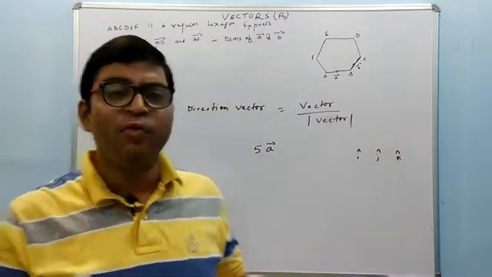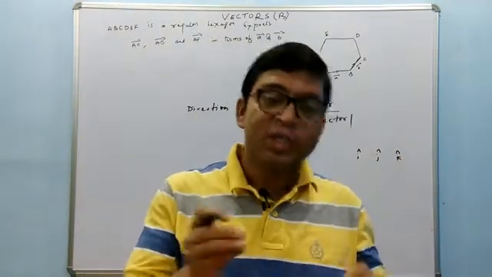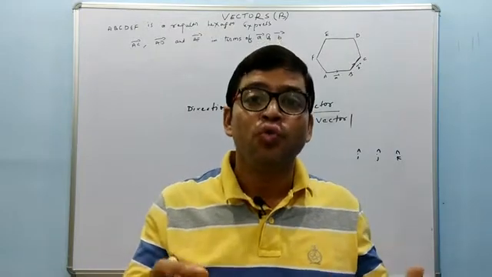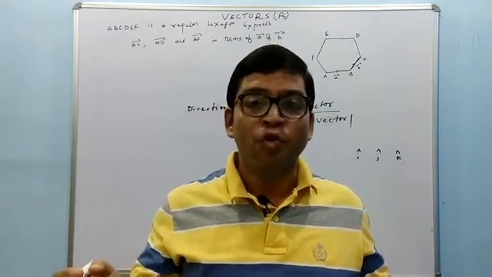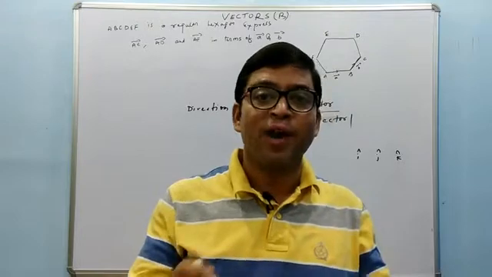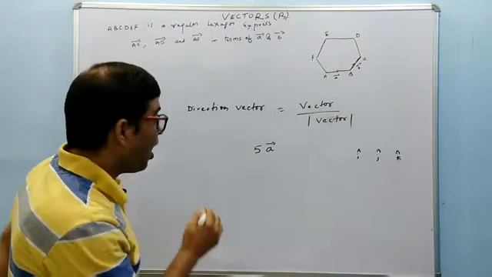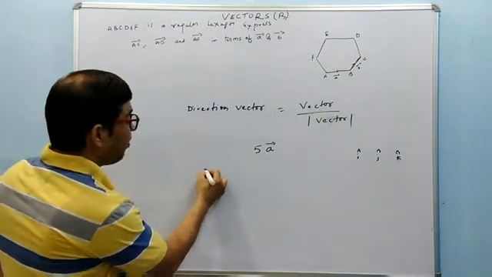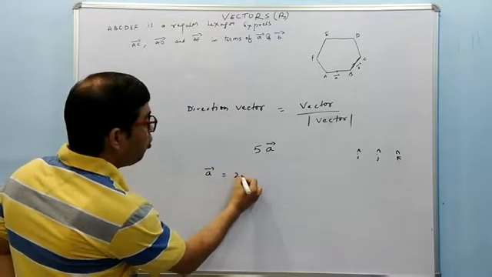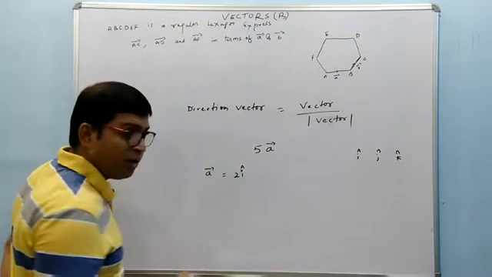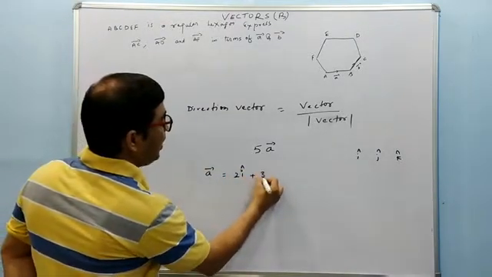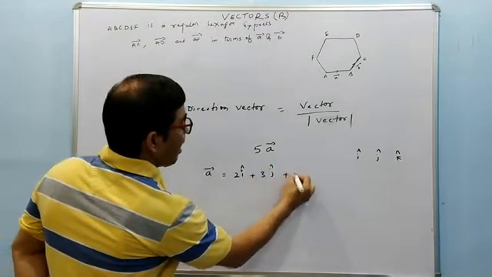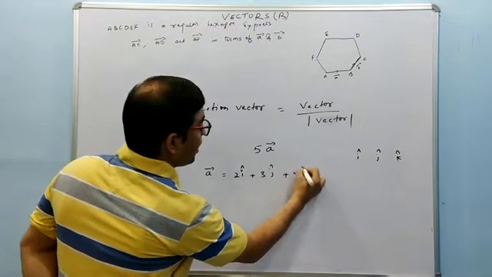Suppose I have to represent a vector which has components of 2, 3 and 4 units along the x, y and z axes. How will we write that vector? That vector will be 2i cap plus 3j cap plus 4k cap.